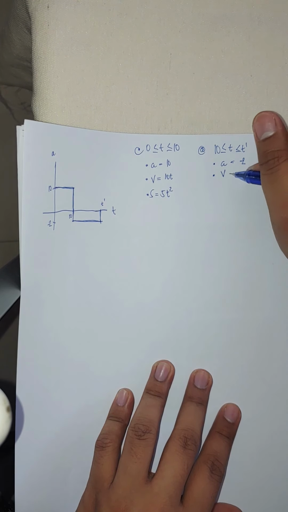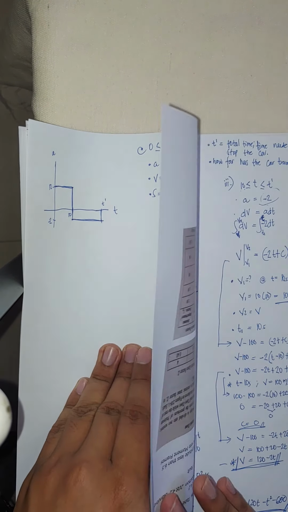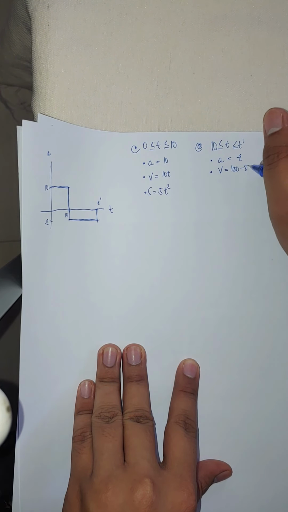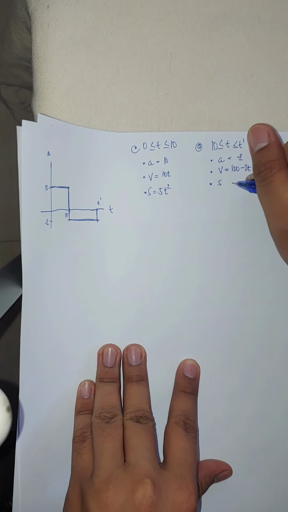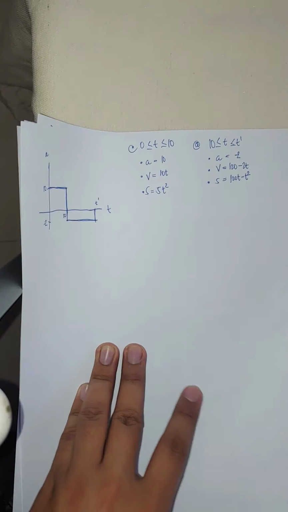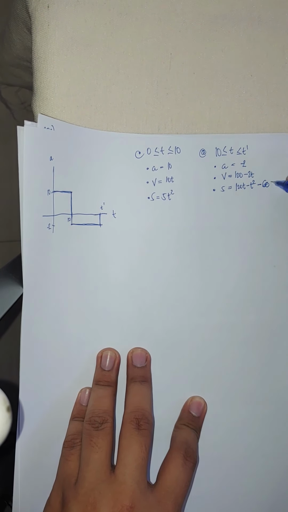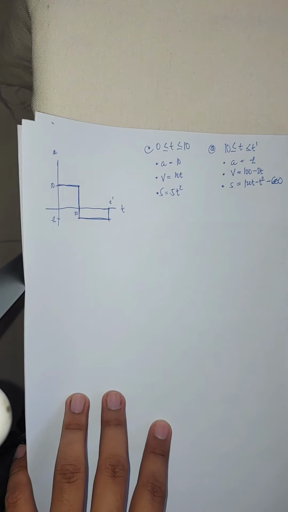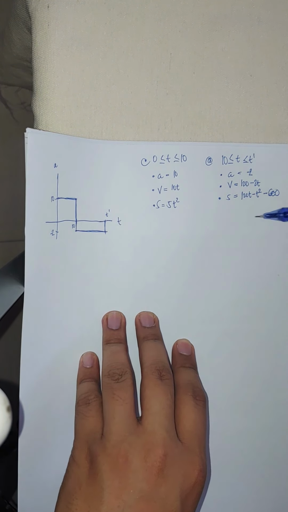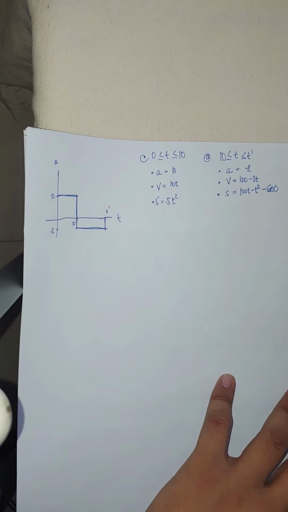Our velocity is equal to 120 minus 2t, and then our position function is equal to 120t minus t squared minus 600.